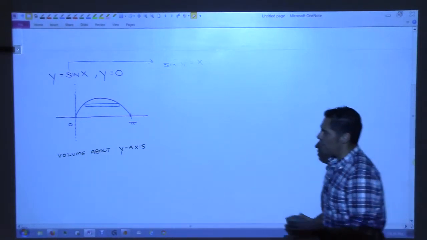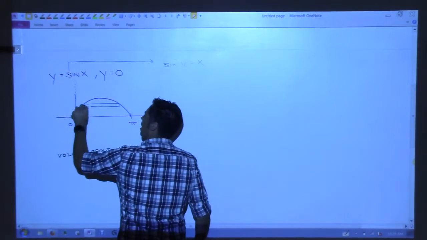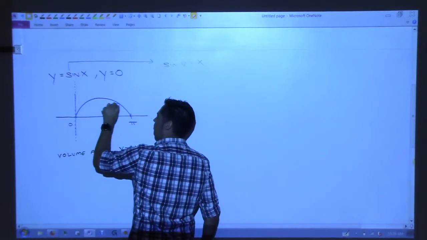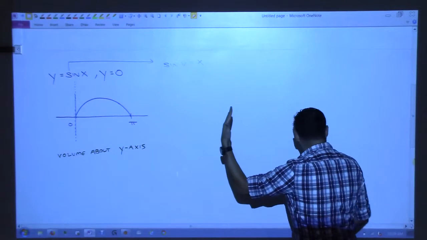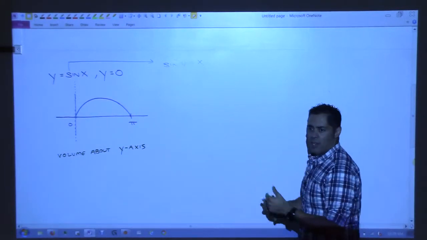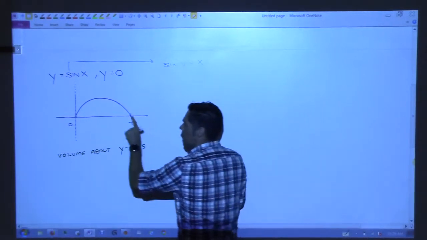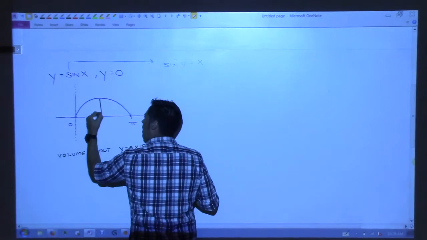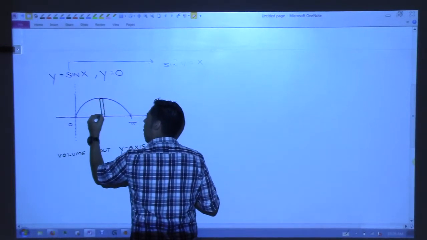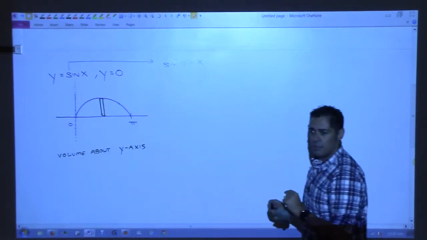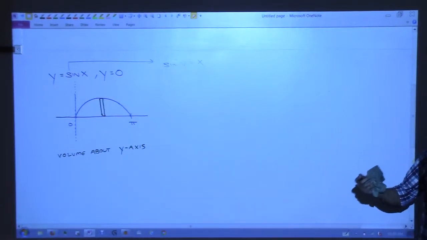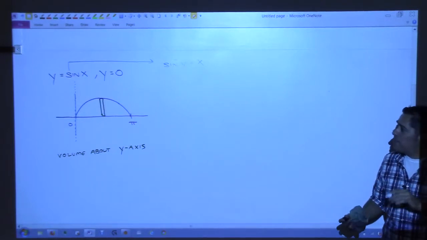And what shells allows us to do is take a problem like this and say, I have an axis of rotation that's vertical, right? Method of shells allows me to find the volume if my rectangle is parallel to the axis of rotation. I will be able to do this, okay? But what's the method? What's the formula? Because it's not the same as the method of washers.